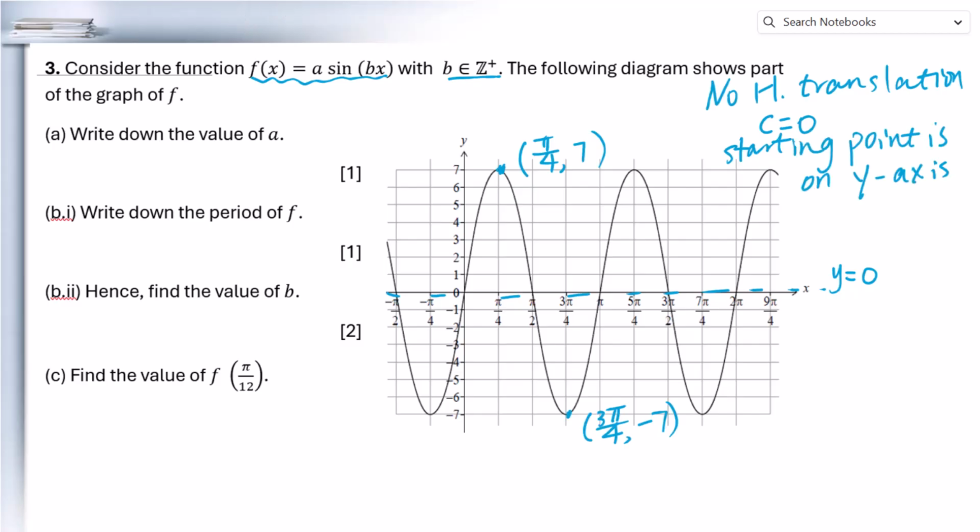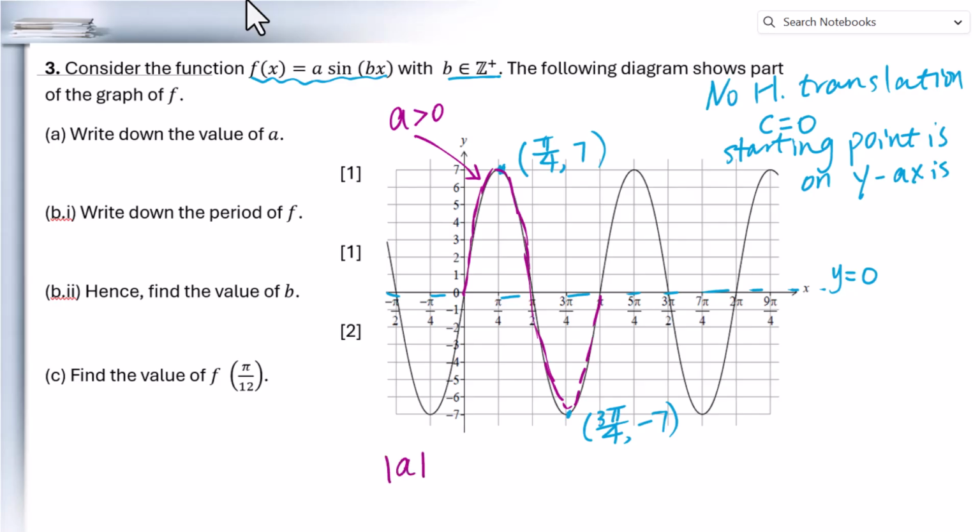So let's draw this pattern. You could say this is a positive sin x pattern, so we can decide a is positive. For the value of a, you can use a formula.